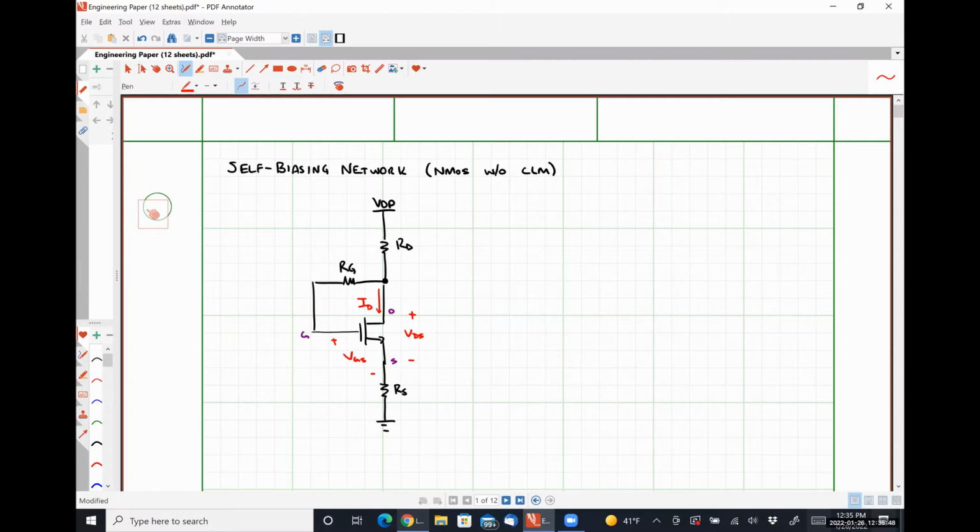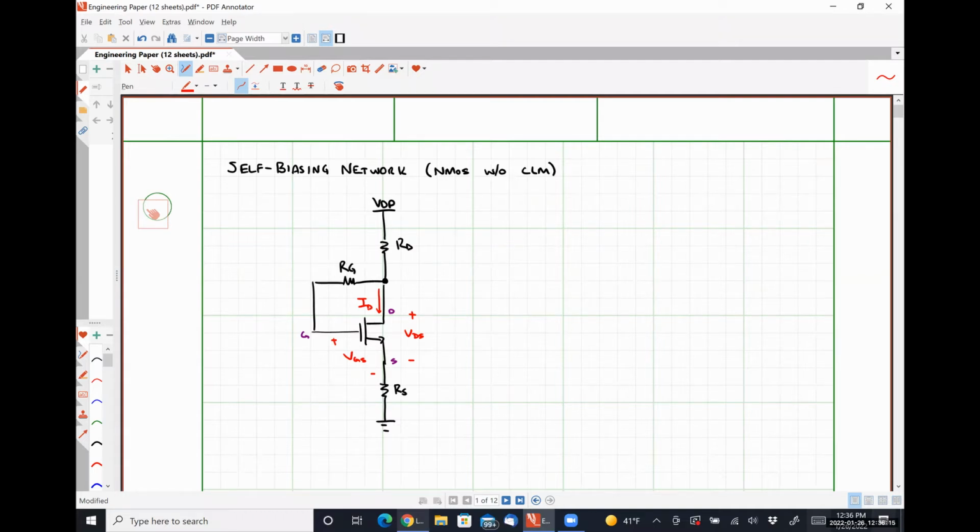No DC gate current anyway, which means there is no voltage drop over the resistor RG. So the potential at the drain terminal and the potential at the gate terminal are the same. Therefore, VGS is exactly equal to VDS, which means VDS will always be greater than VGS minus the threshold voltage, since VDS and VGS are the same.